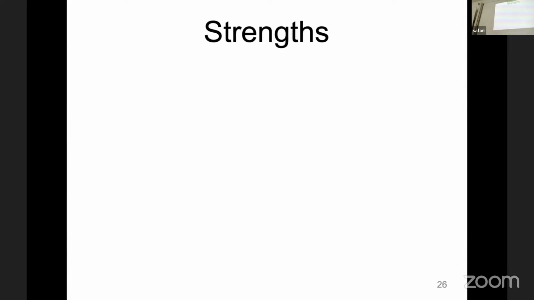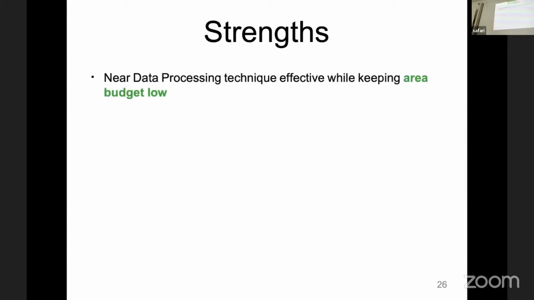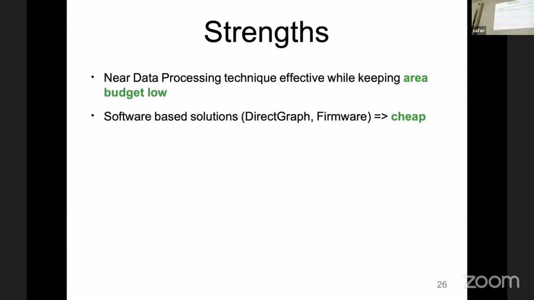So to the strengths and weaknesses of the paper. First, near data processing seems to work pretty well here, especially the die-level sampler. And they also don't increase the area of the SSD that much. Especially the die-level sampler only increases the area by 0.1%. The usage of software-based solutions also makes it a bit cheaper to produce.